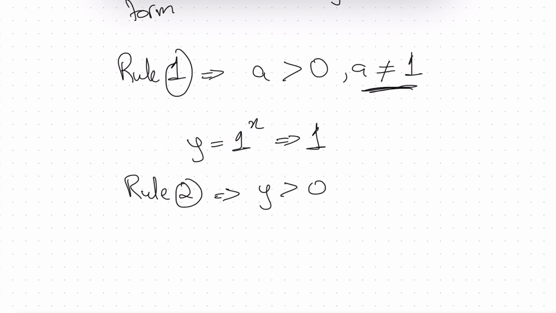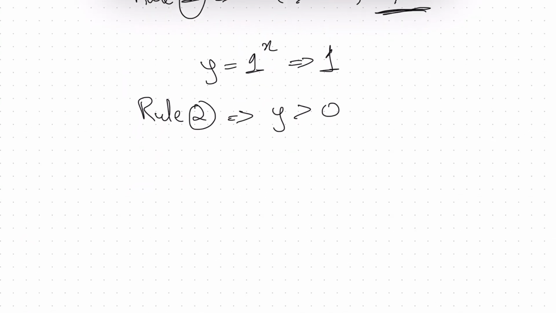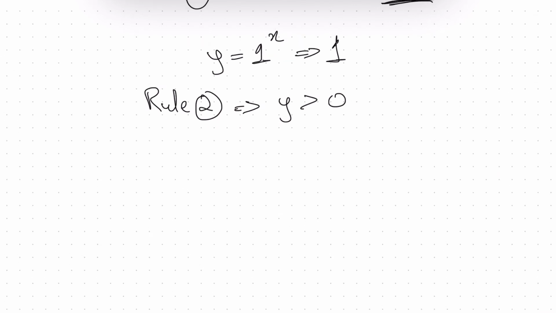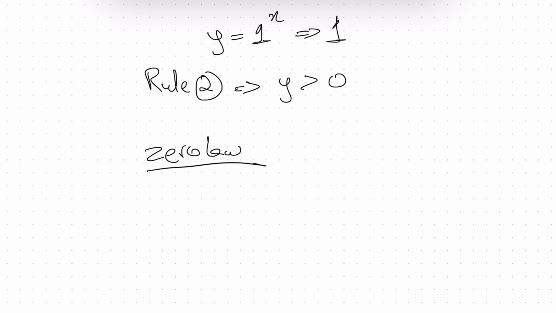Okay, so now there are a lot of also laws in logarithm. So let's start with the easy ones. Okay, so we have a zero law. Okay, zero law is log base a of 1 is equal to 0.